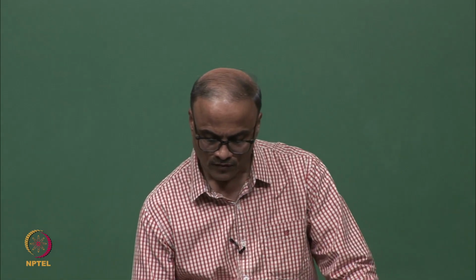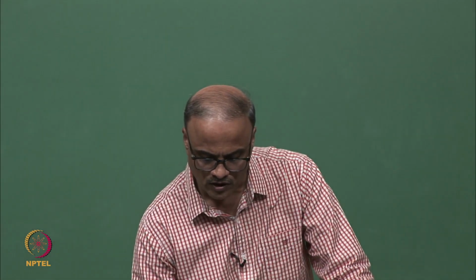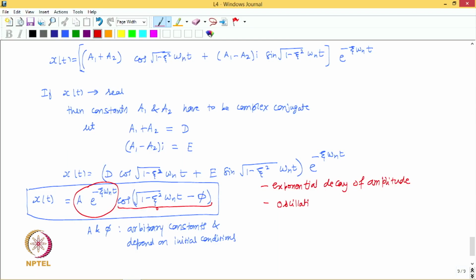So, we see that there are oscillations, vibration is there, and the frequency of oscillation is nothing but the coefficient of t, which in this case is square root of 1 minus zeta square times omega n.